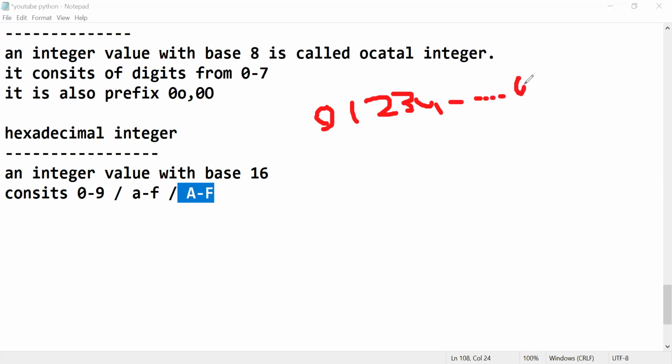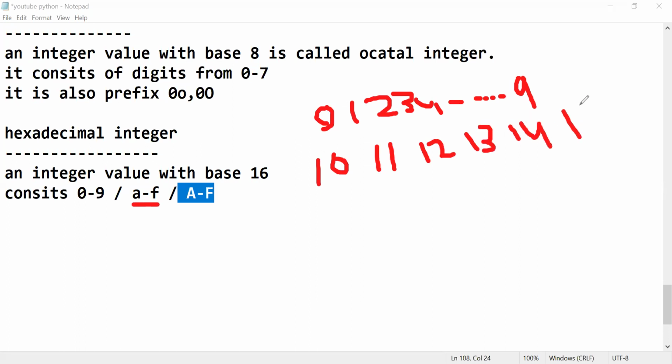From the number 10 onwards we have to mention A to F. We take 10, 11, 12, 13, 14, 15. The value 10 represents A, 11 represents B, 12 represents C, and 15 represents F.